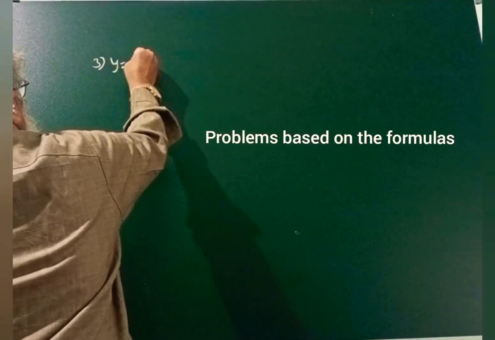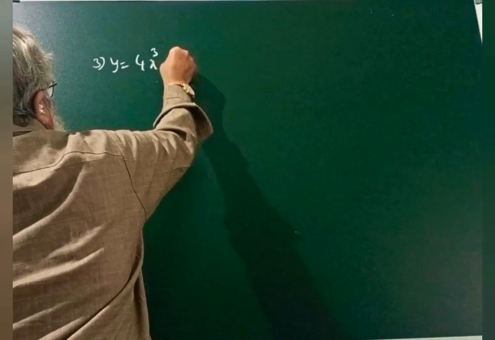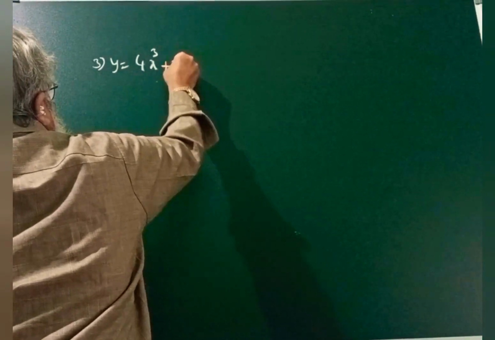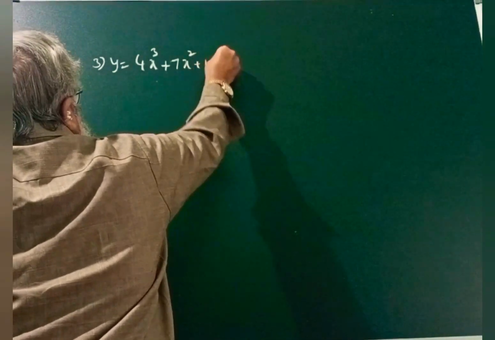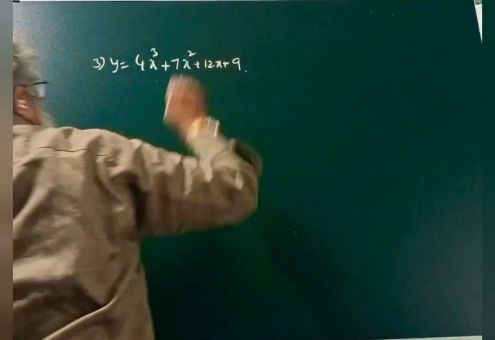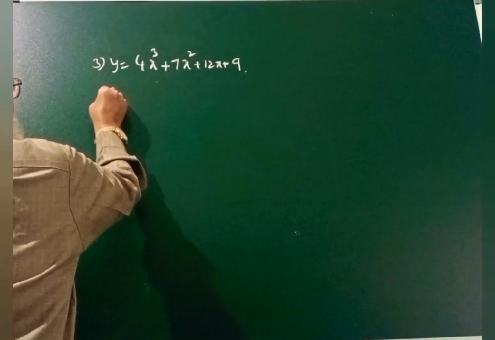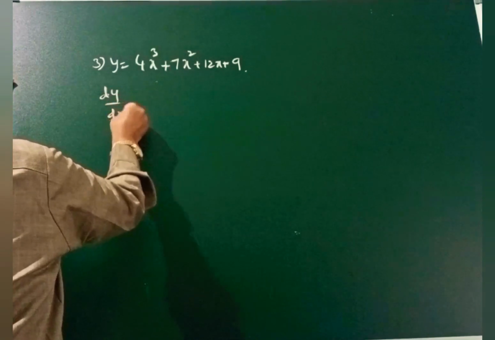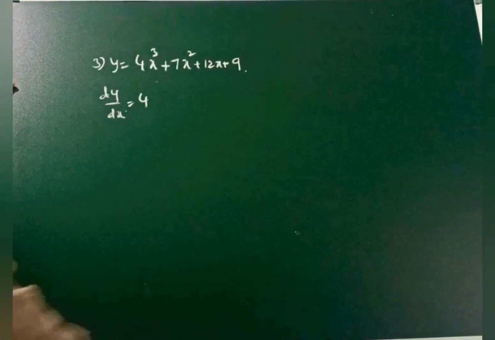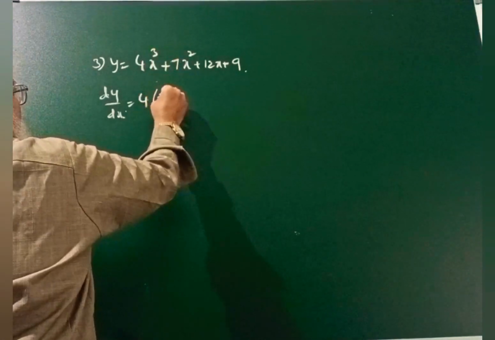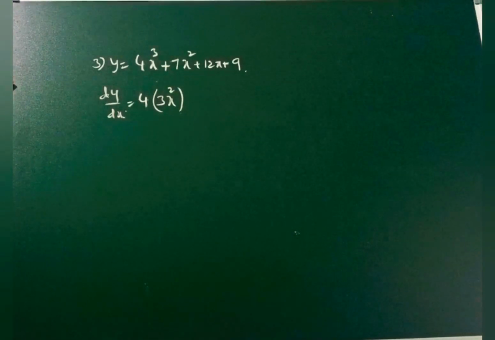Y is equal to 4x cube plus 7x square minus 12x plus 9. We have to find dy by dx. Look here, 4 is a constant, it should be kept as it is, and x raised to n becomes x raised to n minus 1, differentiation of x cube.